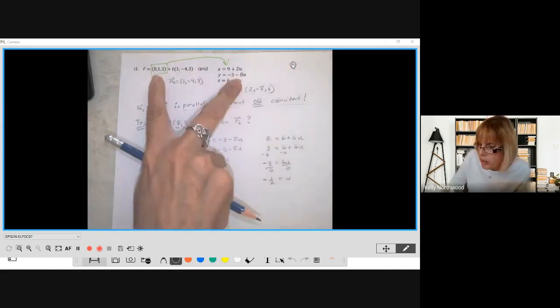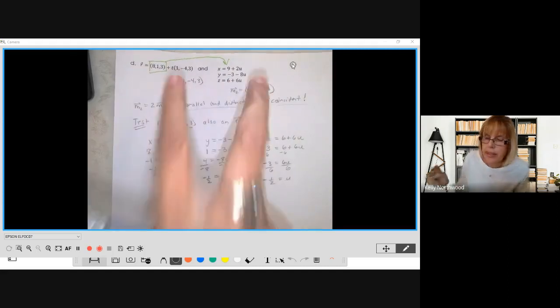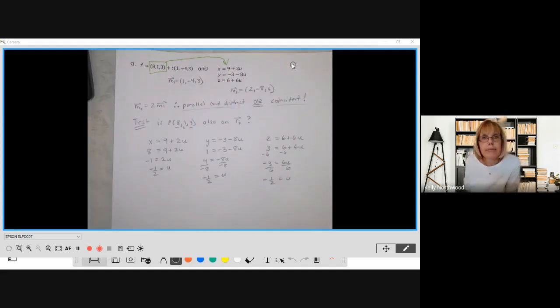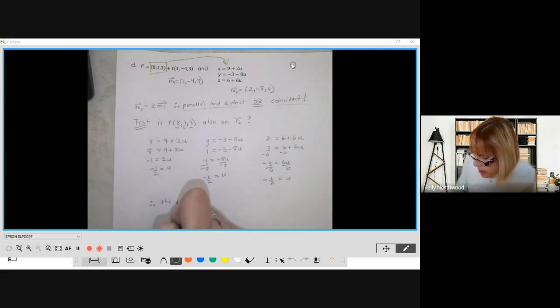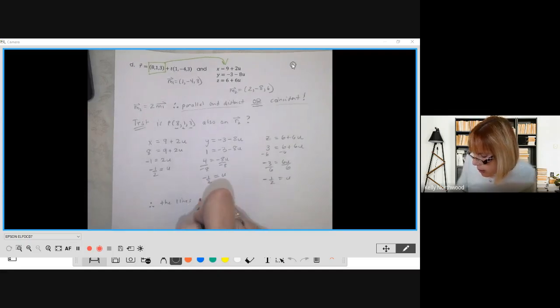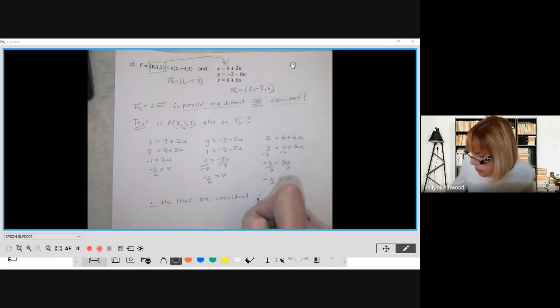So if the point's on two lines and the lines are parallel, then they must be the same line. If they share a point and they're both in the same direction, then they have to be the same line. So therefore, the lines are coincident geometrically. They're the same line. But in terms of intersection, it means therefore there's a line of intersection.